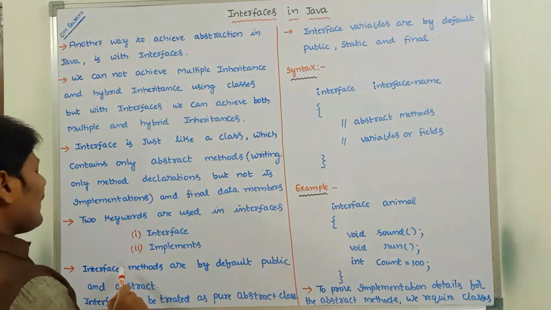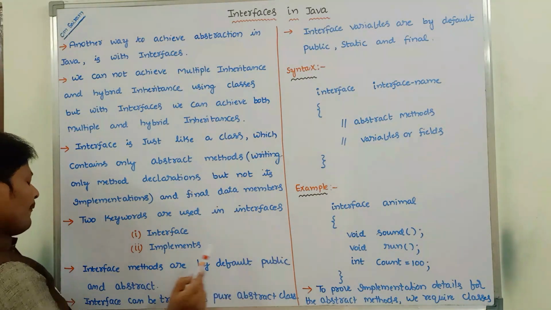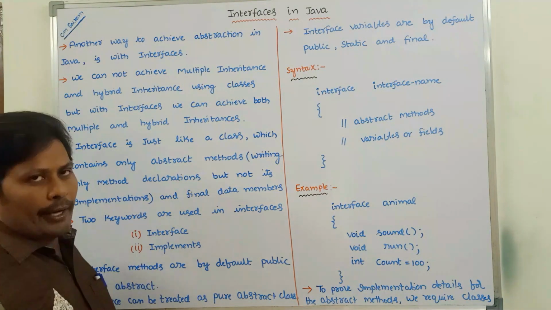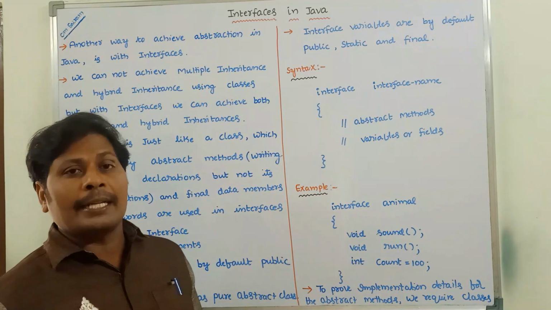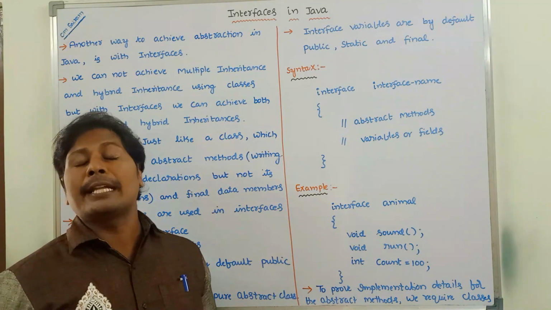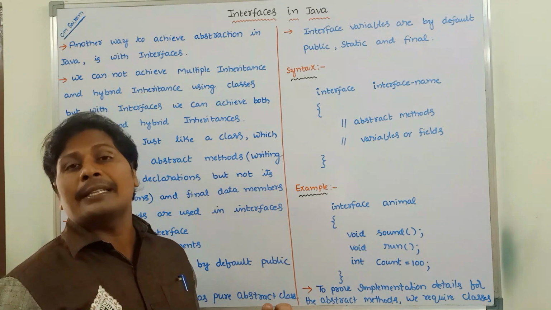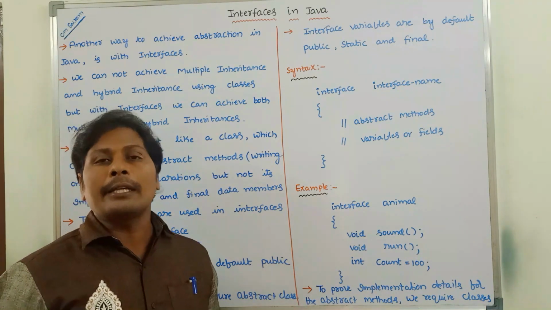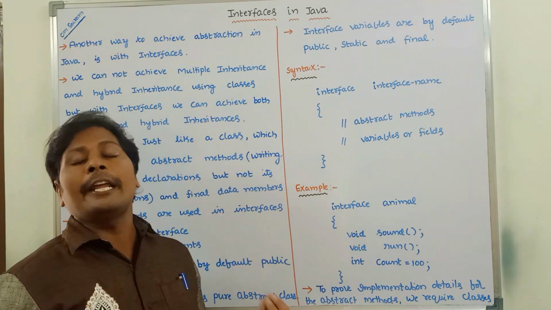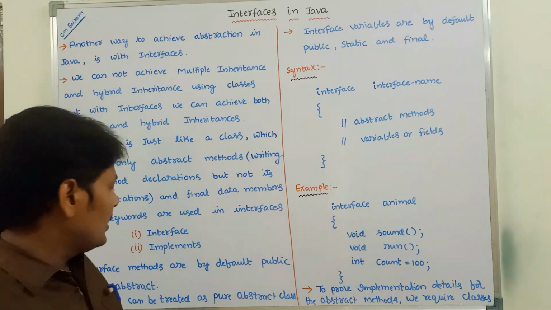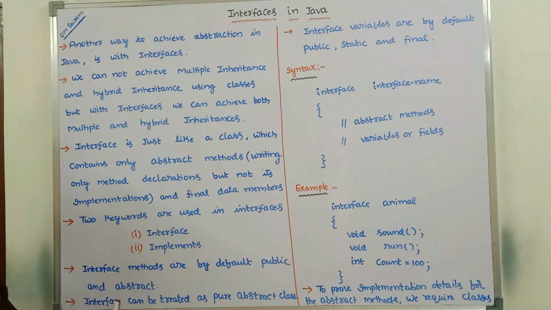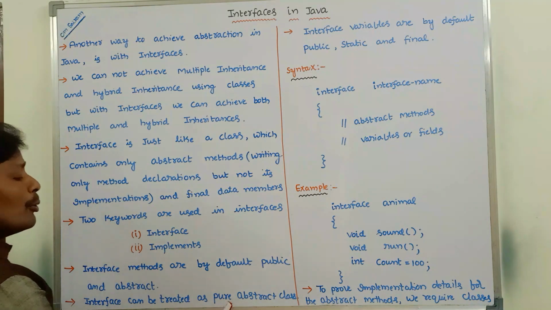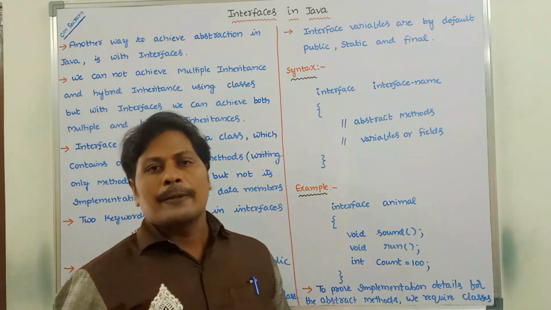Next one. Interface methods are by default public and abstract. Whatever methods are present within the interface, those methods are by default abstract and public. Next one. An interface can be treated as a pure abstract class.